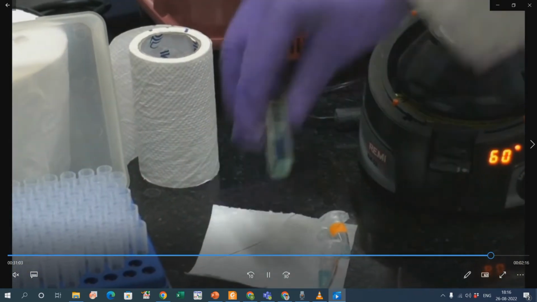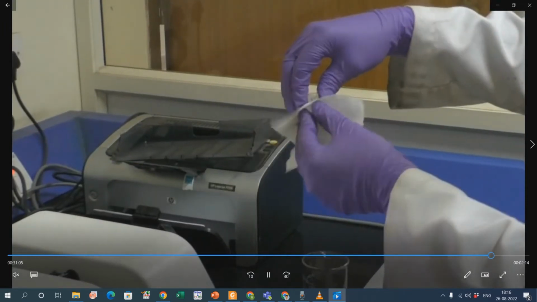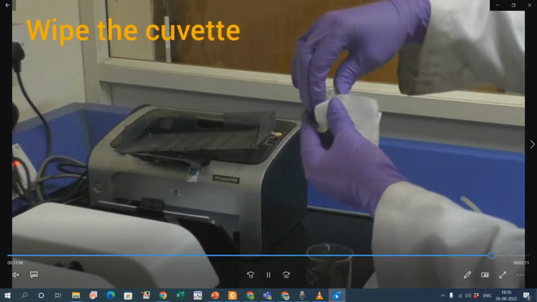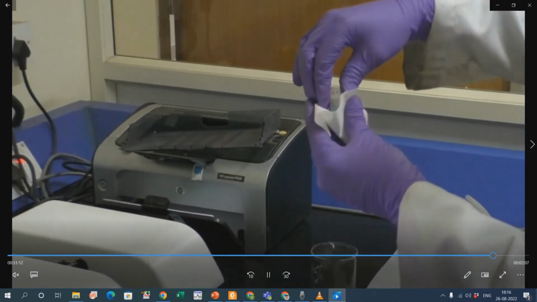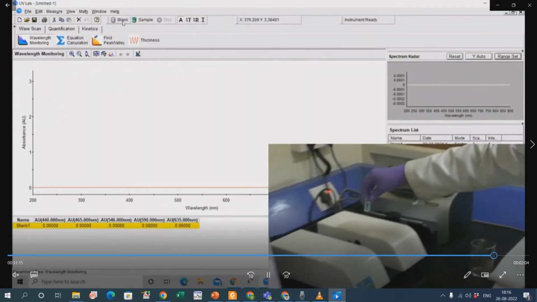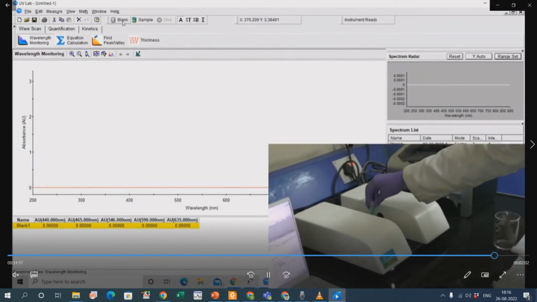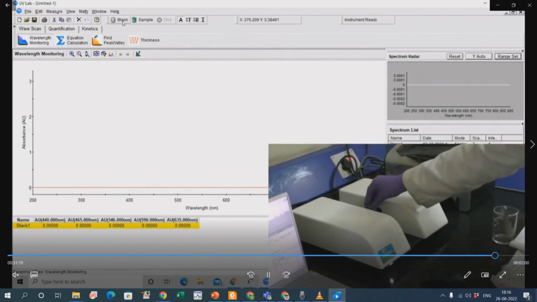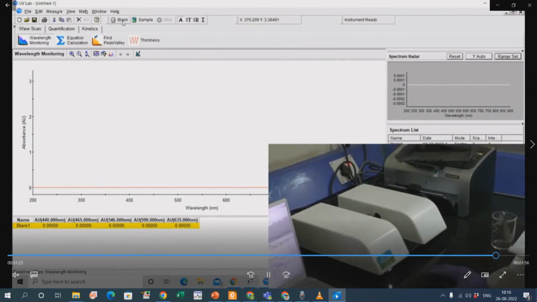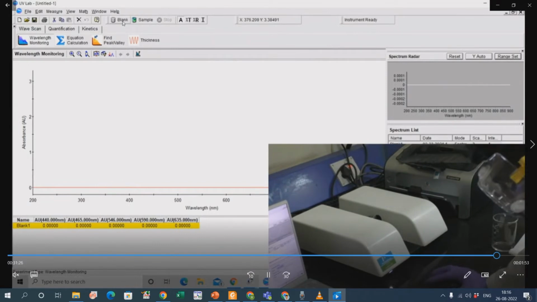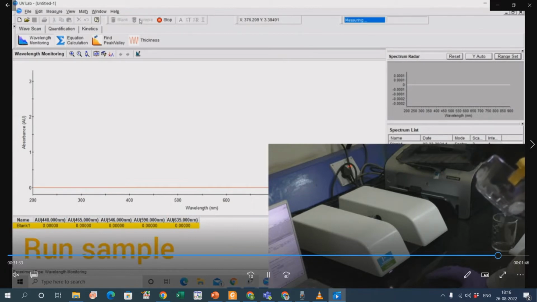Here the blue colored solvent is there, which you put in the cuvette, and you have to wipe the cuvette so that in the transparent region there should not be any finger mark. If you have a finger mark, it will affect your measurement. Then after that you do the sample.